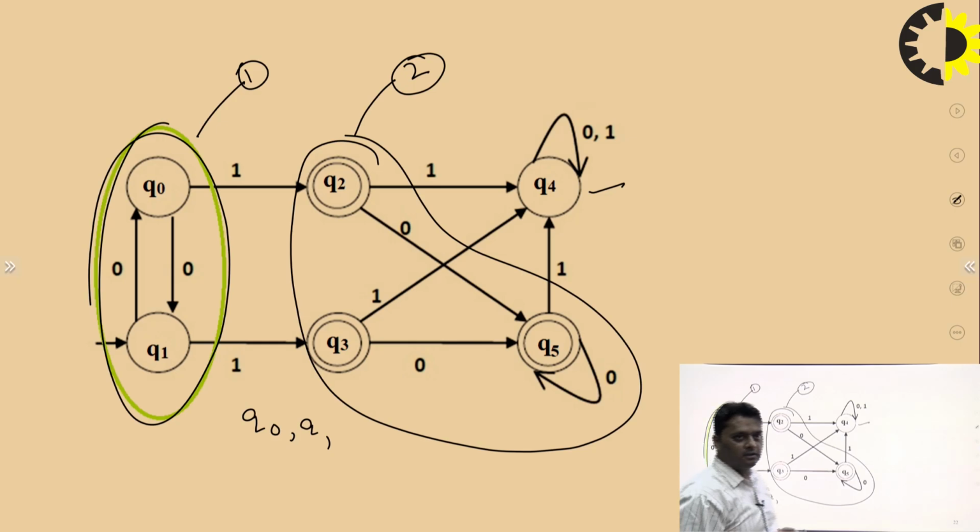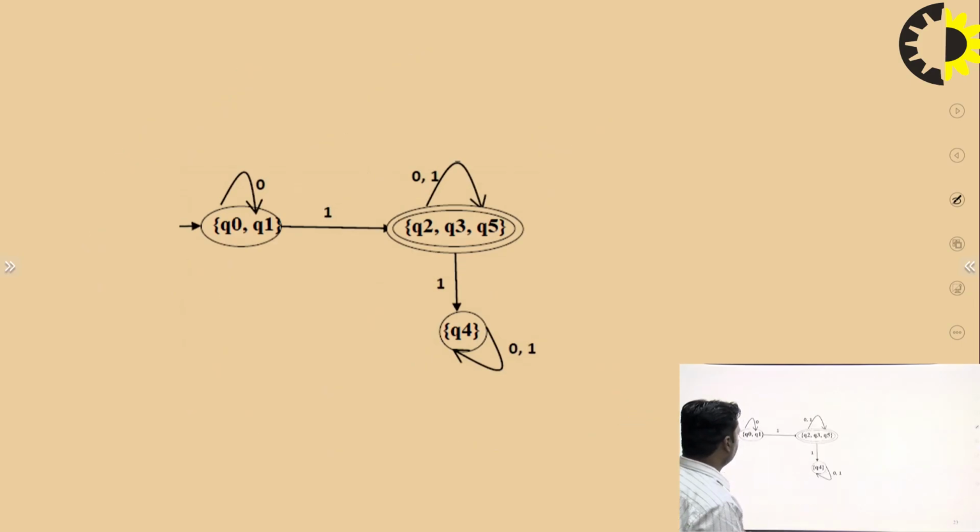When we combine these states, if any state of the pair is a final state, then we consider the whole state a final state. Now its minimized diagram will be like this: Q0 Q1 combined, Q2 Q3 and Q5 combined, and Q4 as a single state, and in this example all these three states are final, so make it a final state.